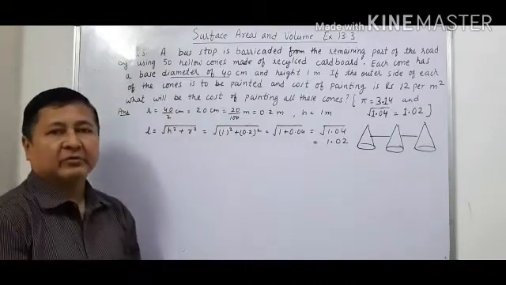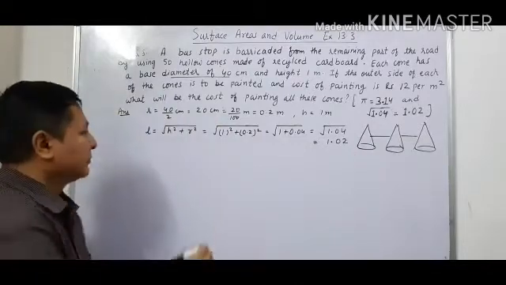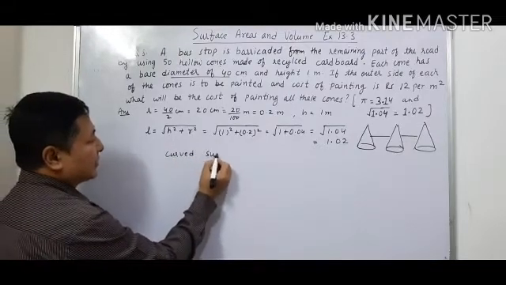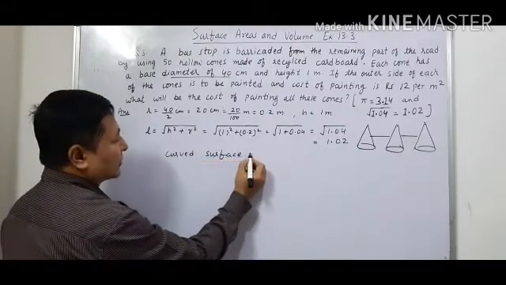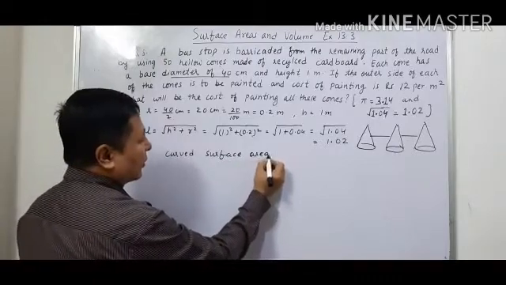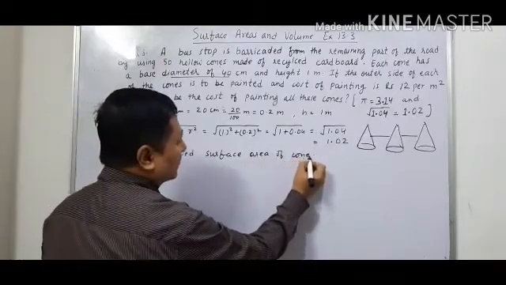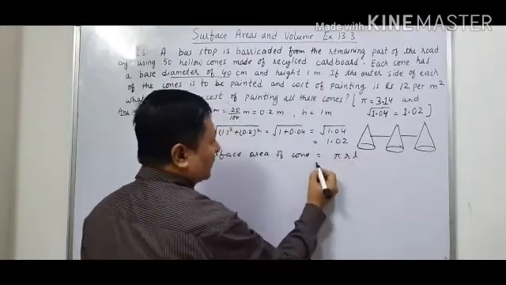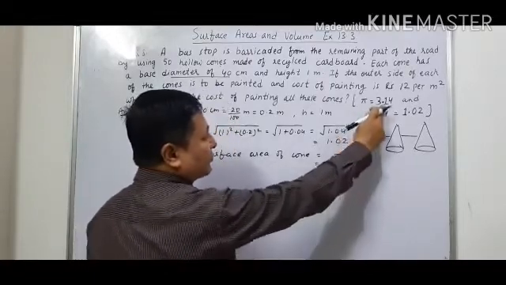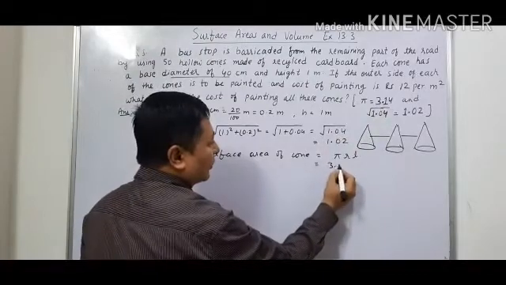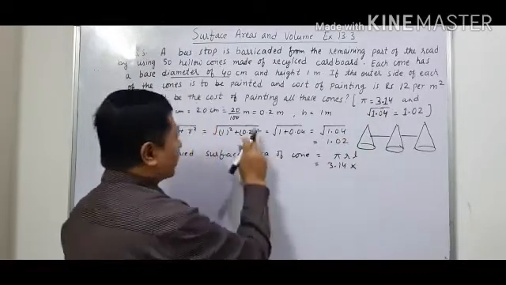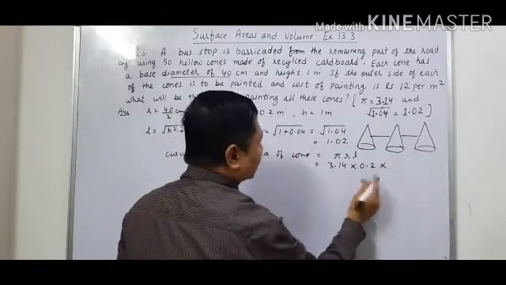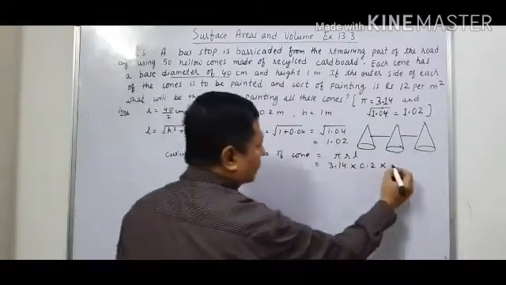Now first we have to find the curved surface area of the cone. So we know the curved surface area of cone is given by the formula pi r L. Pi, it is given, we have to use 3.14, into r, that is 0.2 meter, into L, that we have calculated, 1.02.